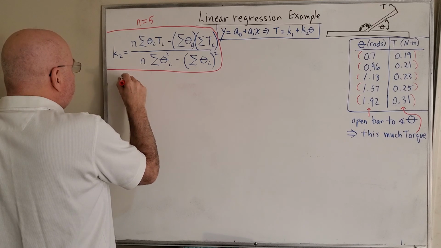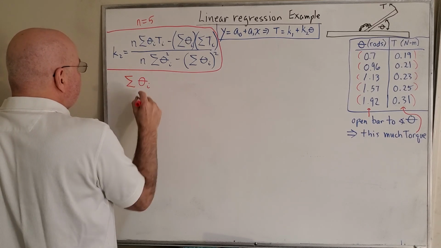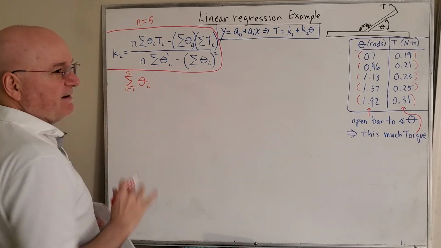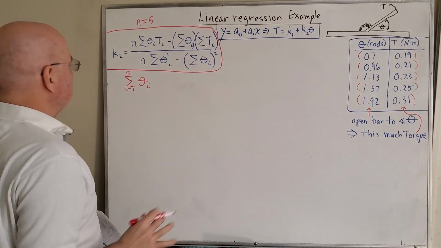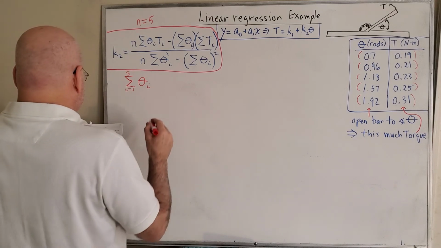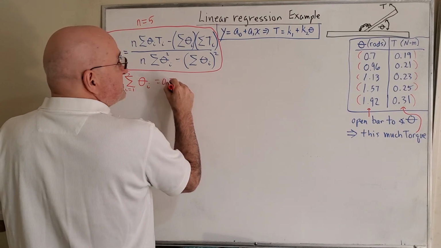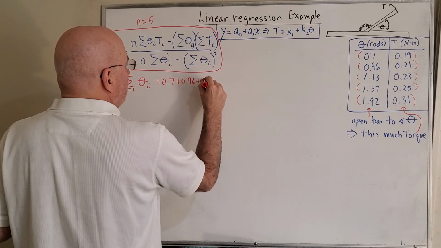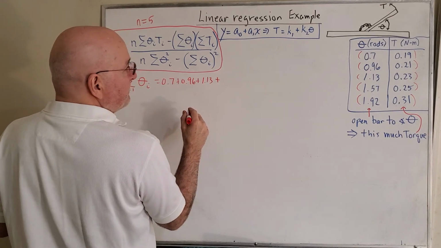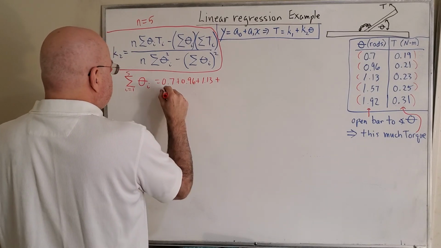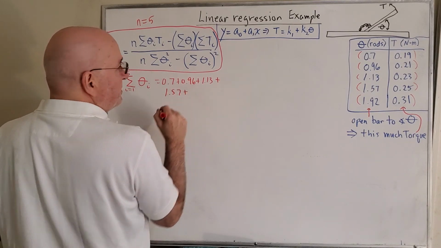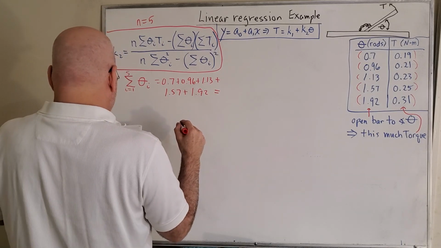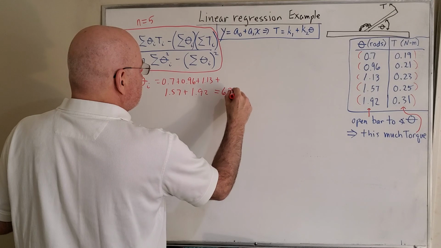Okay, so the sum of the theta_i's, I'm going to put i equals 1 to 5 one time, and I'll probably leave it off for all of the rest of the summations in the problem. Well, that's equal to 0.7 plus 0.96 plus 1.13 plus, I'm going to come back down here, 1.57 plus 1.92, and that's equal to 6.28.